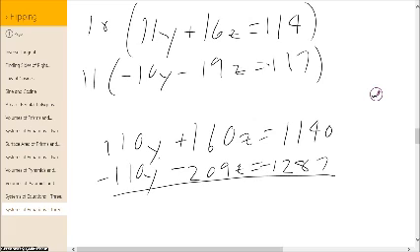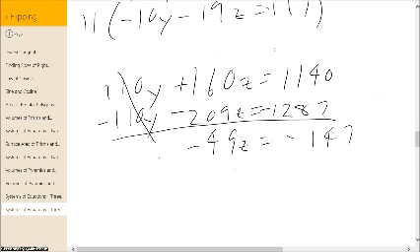Combine these guys together. That guy's gone. 160z minus 209z gives us negative 49z. On the right, this breaks down to negative 147.